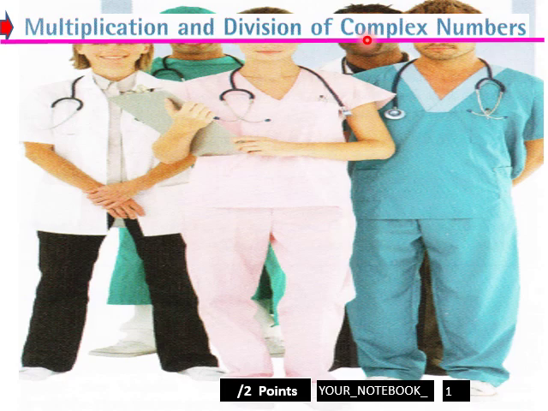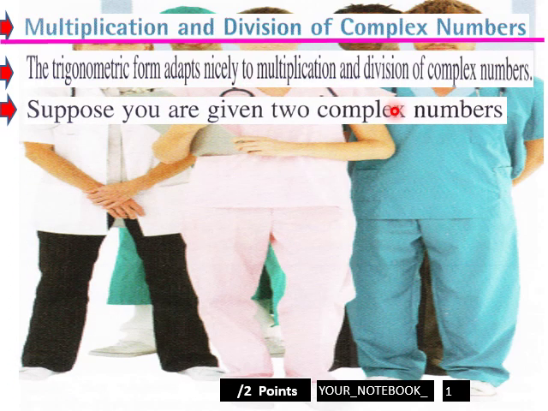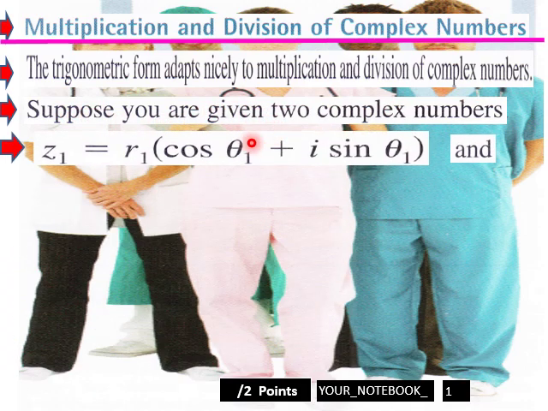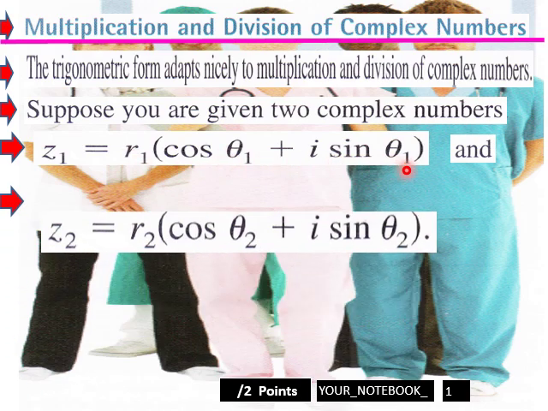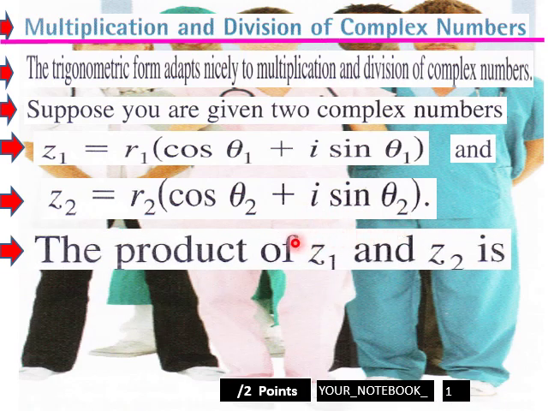Multiplication and division of complex numbers. The trigonometric form adapts nicely to multiplication and division of complex numbers. Suppose you are given two complex numbers: Z1 equals r1 times cosine theta 1 plus i sine theta 1, and Z2 equals r2 times cosine theta 2 plus i sine theta 2.